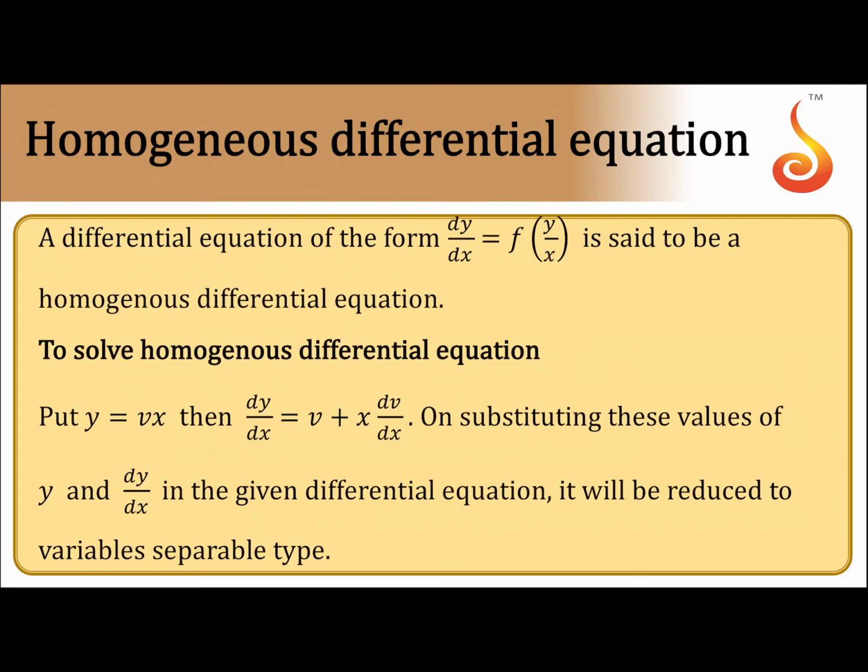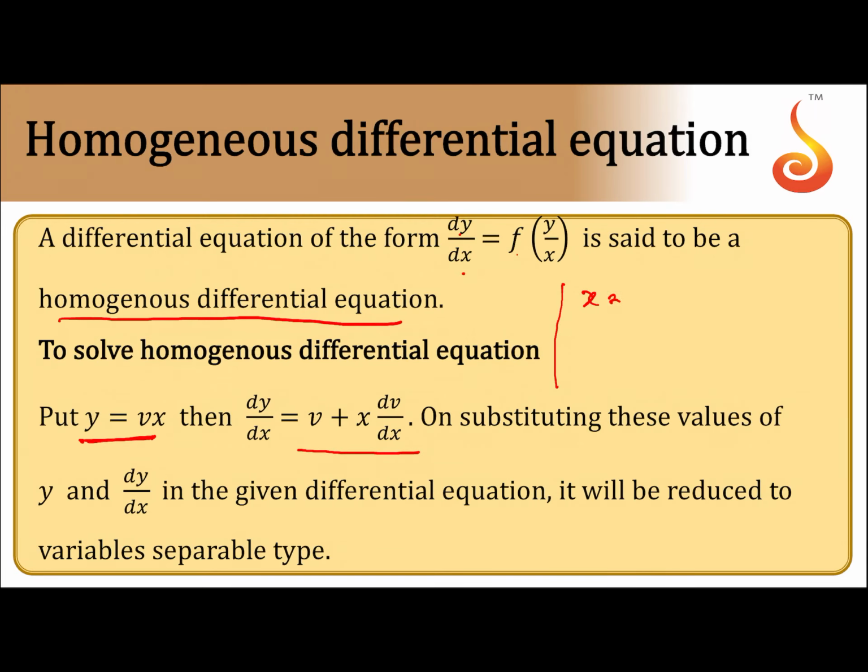Homogeneous equation: the degree throughout the equation is the same, it is called homogeneous. dy by dx equal to f of y by x is called a homogeneous differential equation. To solve the homogeneous equation, we take y is equal to vx. So dy by dx is equal to v plus x dv by dx. Other one is also there.